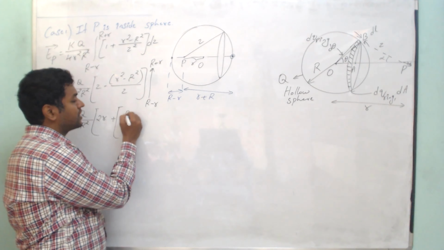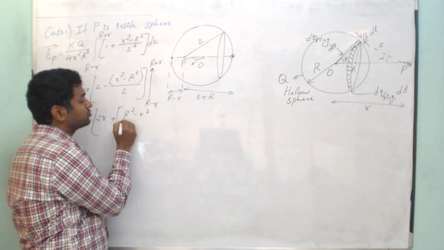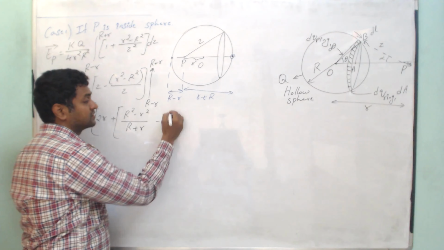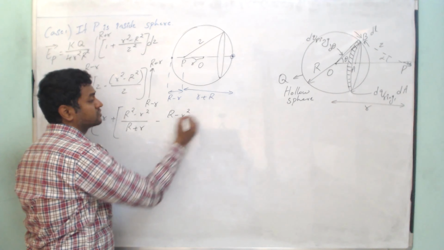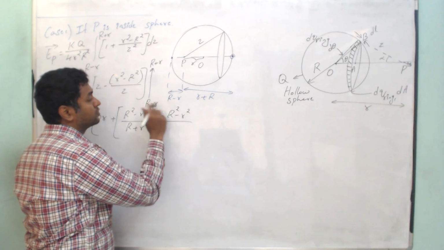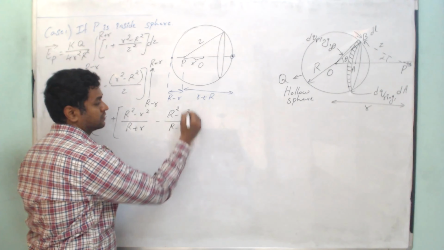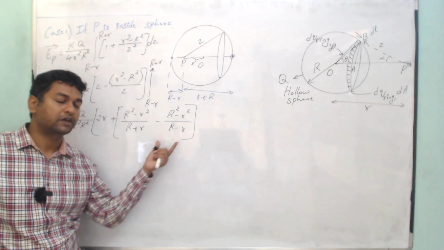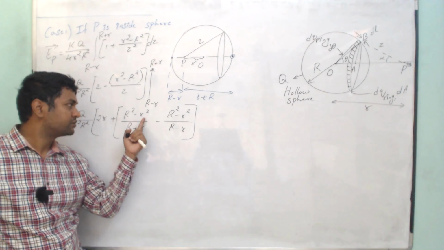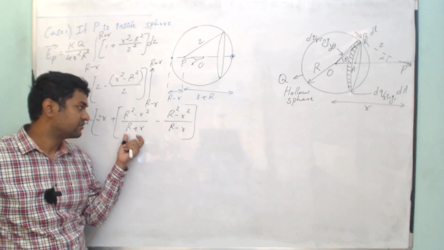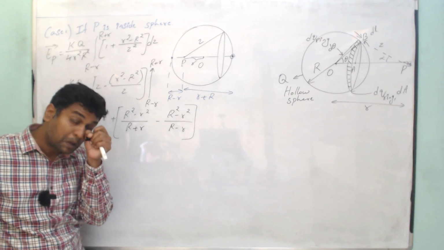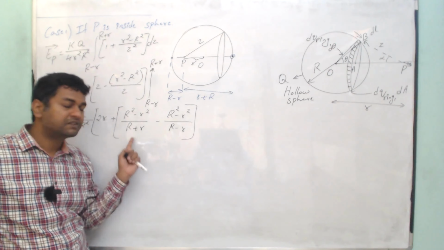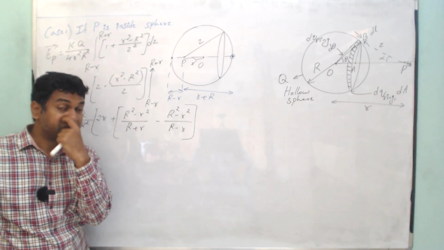So I have r square minus R square in the numerator divided by the upper limit R plus r, minus again r square minus R square in the numerator and the lower limit R minus r. Now I think you can see why I rewrote it in the detailed way. A square minus b square, a square minus b square, and here I have a plus b and a minus b. So basically, one R plus r will cancel, and R minus r will remain here.